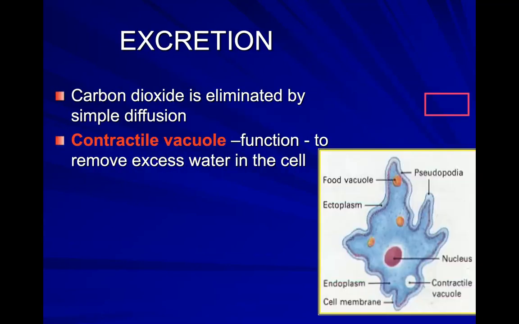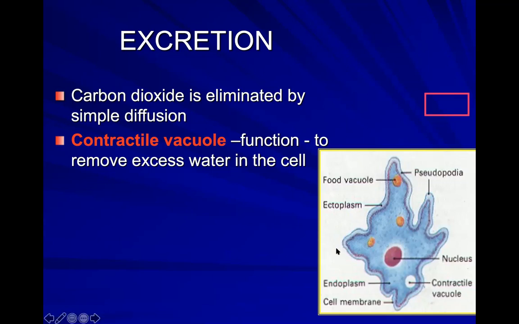Here I want to explain in detail. Just now we know that amoeba basically live in fresh water, right? So when they live in fresh water, it means that they are constantly absorbing water. So there is so much excess water diffusing inside the amoeba. How can the amoeba remove the excess water?